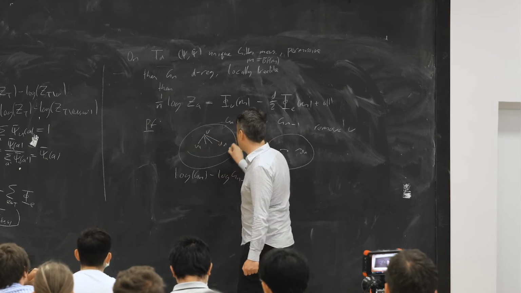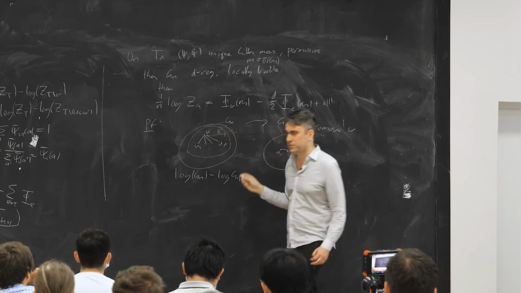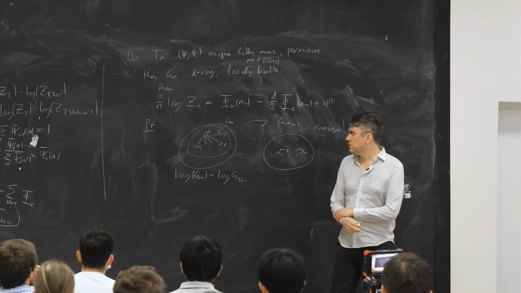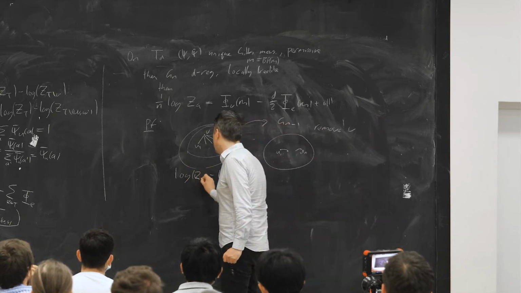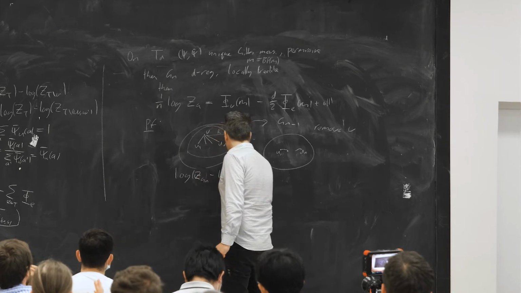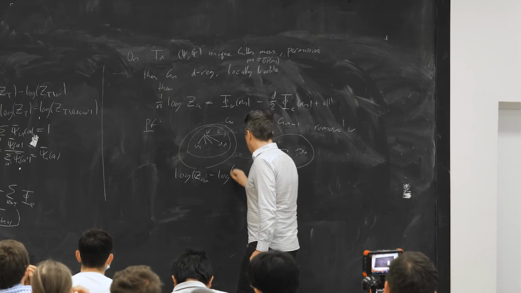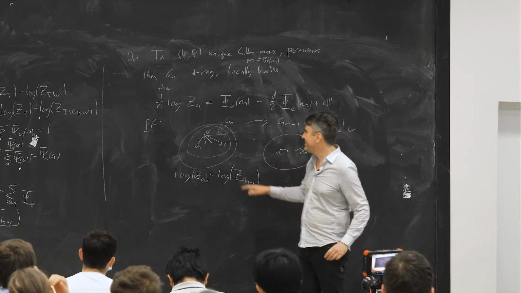So if I take some ball of a fairly large radius around it, what I see should be a tree. What is the logarithm of a graph? Function on the graph? Yes. Okay, good. Thank you.